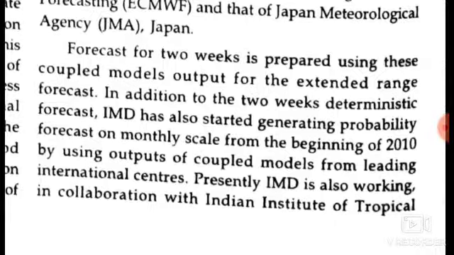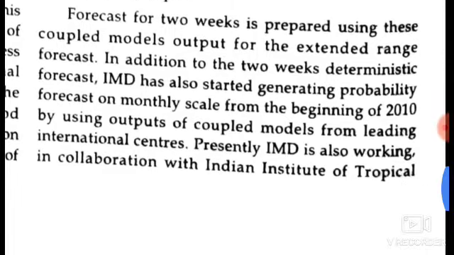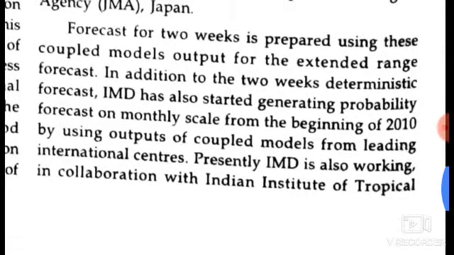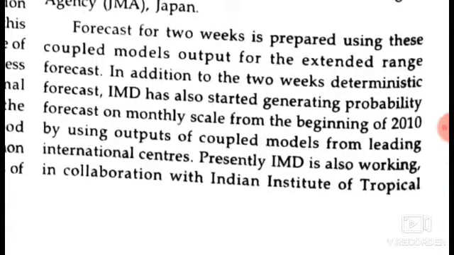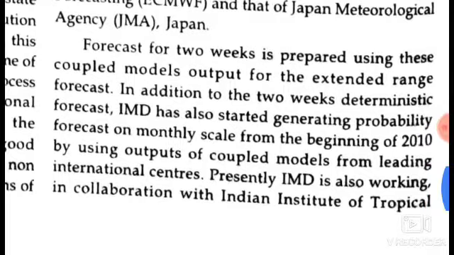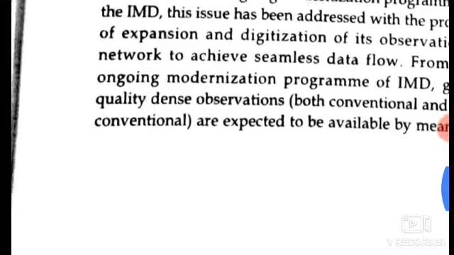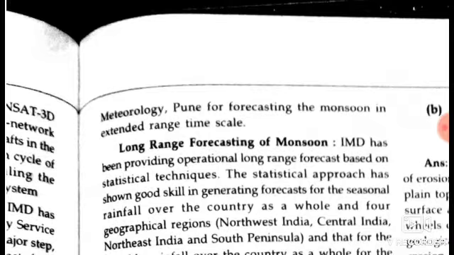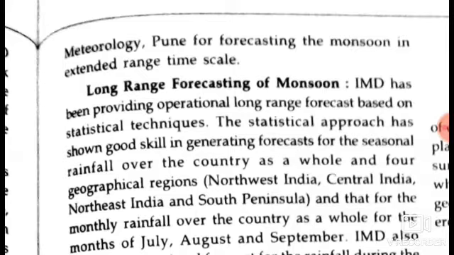In addition to the 2 weeks deterministic forecast, IMD has also started generating probability forecasts on a monthly scale from the beginning of 2010 using outputs of coupled models from leading international centers. Presently, IMD is also working in collaboration with the Indian Institute of Tropical Meteorology, Pune, for forecasting the monsoon in the extended range timescale.